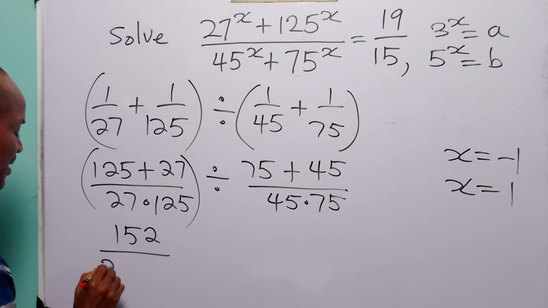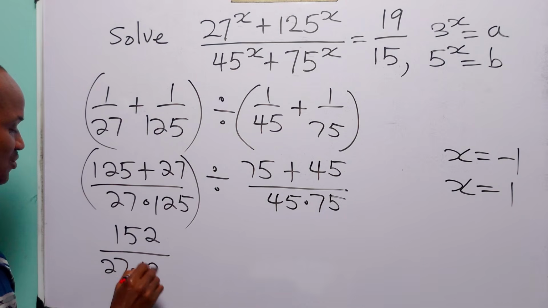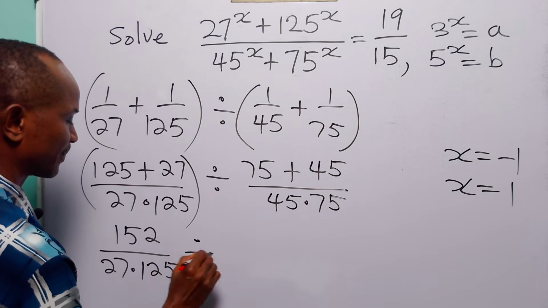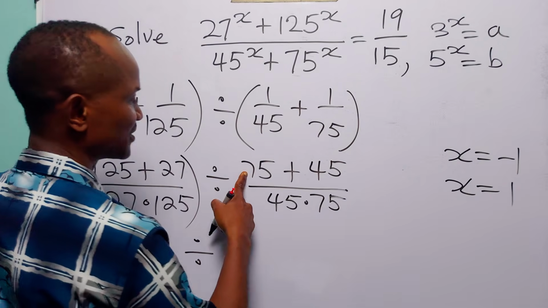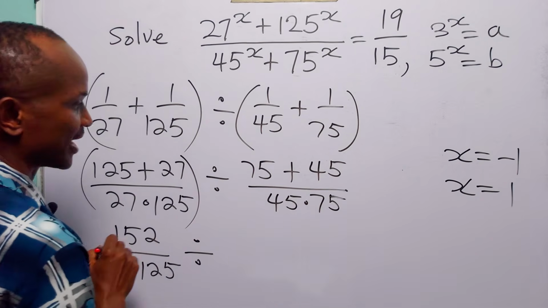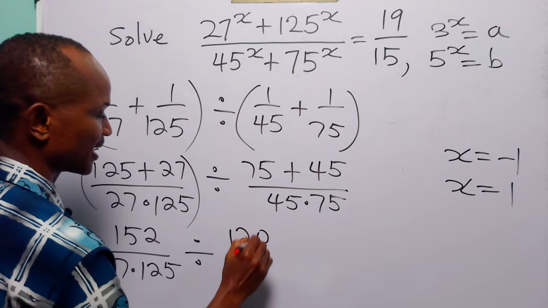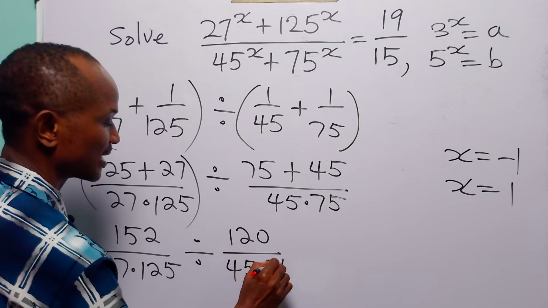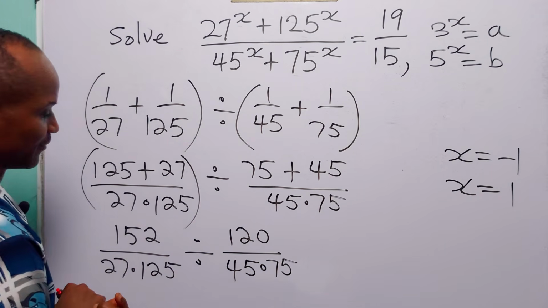This is divided by 27 times 125. Divided by 75 plus 45 is 120. Divided by 45 times 75.